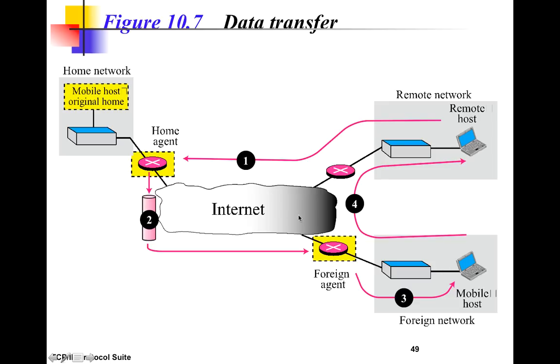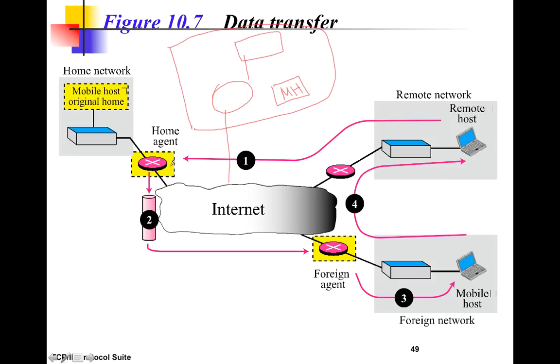So if this mobile moves to a new network, okay, if it moves here to a new network with a new foreign agent, your mobile host is moving to a new network.